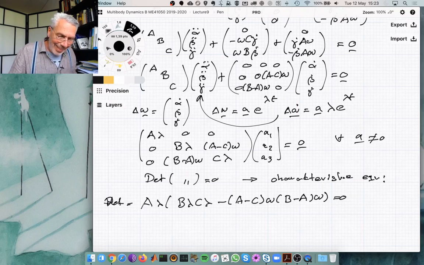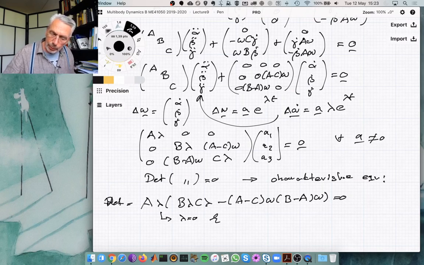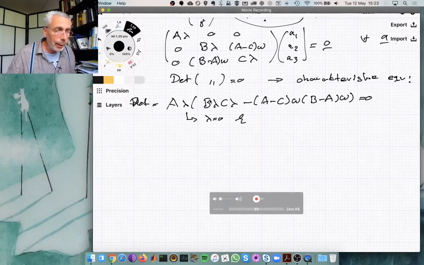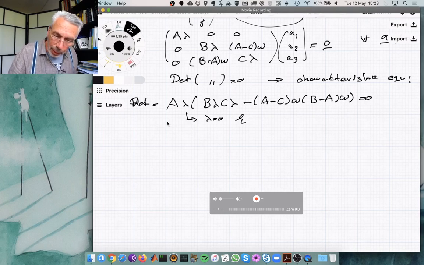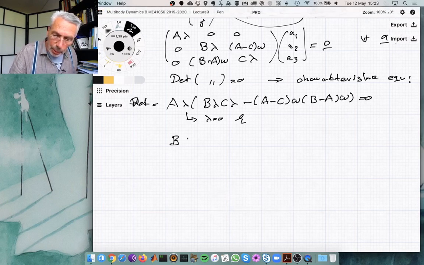Well, we can rewrite it a little bit nicer, maybe. First of all, lambda is 0 is a very good solution, right? Because it's a trailing factor in the whole expression. So lambda 0 is a good solution. Then the next question which remains is B times C lambda squared minus A minus C times B minus A times omega squared is 0.